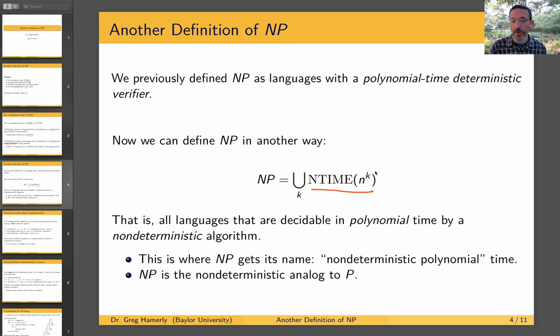So this is all polynomial time. This is polynomial time, non-deterministic, decidable languages. And this definition is where the name NP comes from. NP stands for non-deterministic polynomial time, and NP is the non-deterministic analog to the class P.